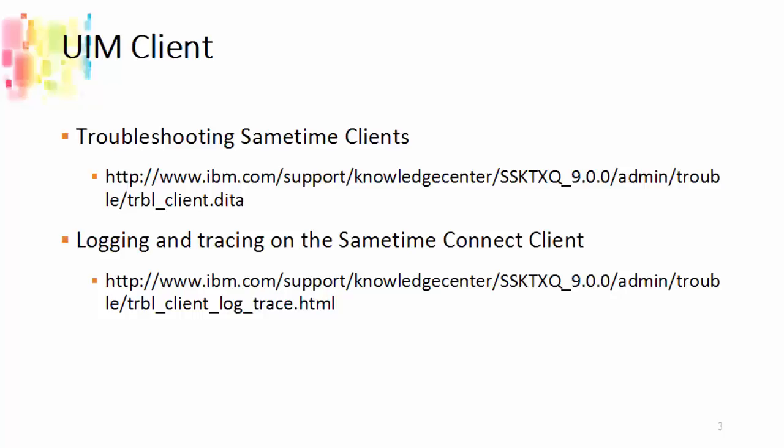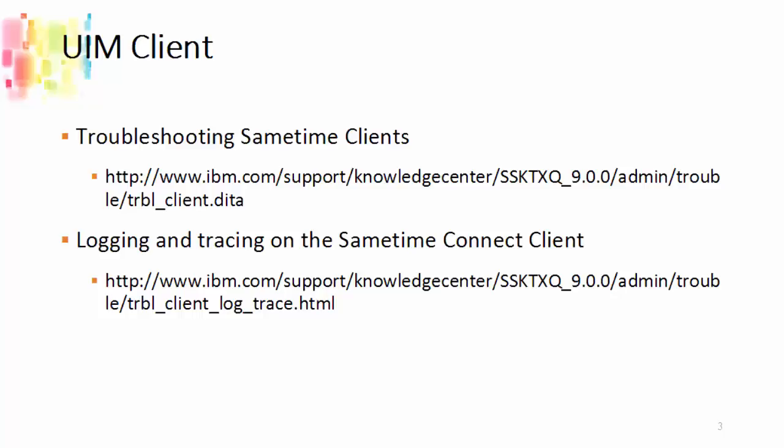Through the years of working with multiple customers I've got a lot more experience in how to troubleshoot it, but the details of this information are already in our info center, and I'm going to refer to it quite often to give you shortcuts into the system. Here we've got the two links, one for troubleshooting the clients and what logging and tracing to set.